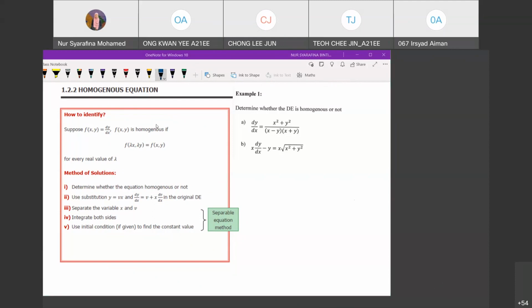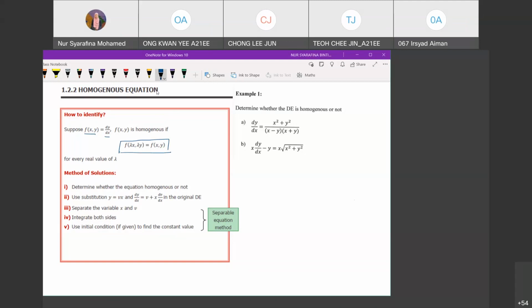Okay, so how can we identify that an equation is homogeneous? Suppose we have a differential equation which consists of a function of x and y. Then f(x,y) is homogeneous if f(λx, λy) equals f(x,y) for every real value of λ.